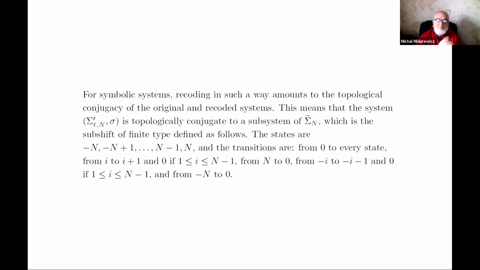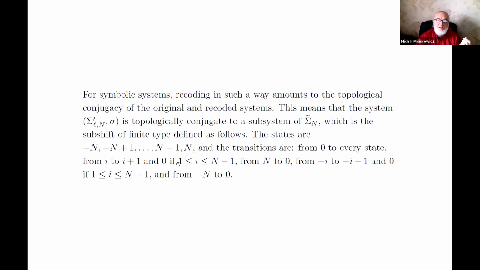So the system that we had is topologically conjugate to a subsystem, which is the following subshift of finite type. The states are from -N to N, capital N, of course, and transitions are from 0 to every state.